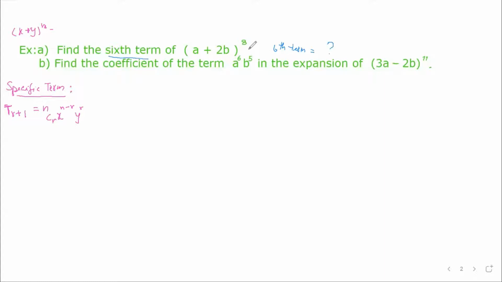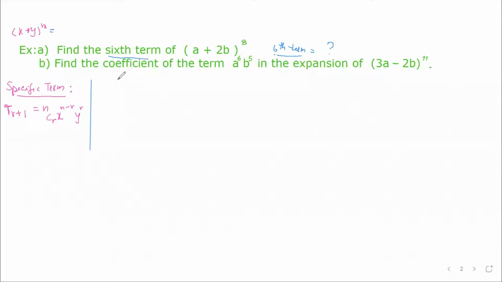But sometimes if you expand using the formula we had before, it takes a bit of time to get the answer. So now we use this specific term formula to find what the sixth term is. Okay. So now we try question A first, using this formula.